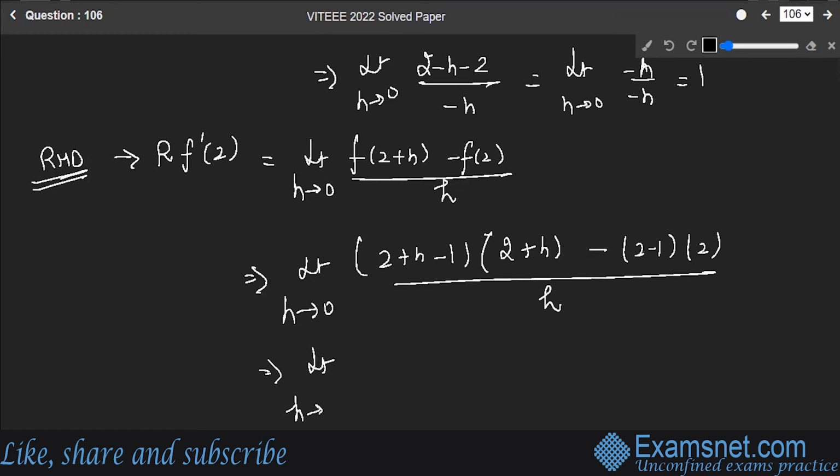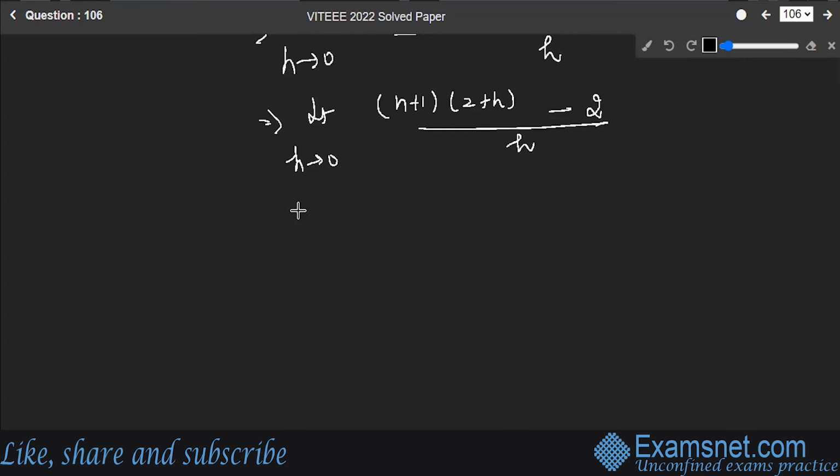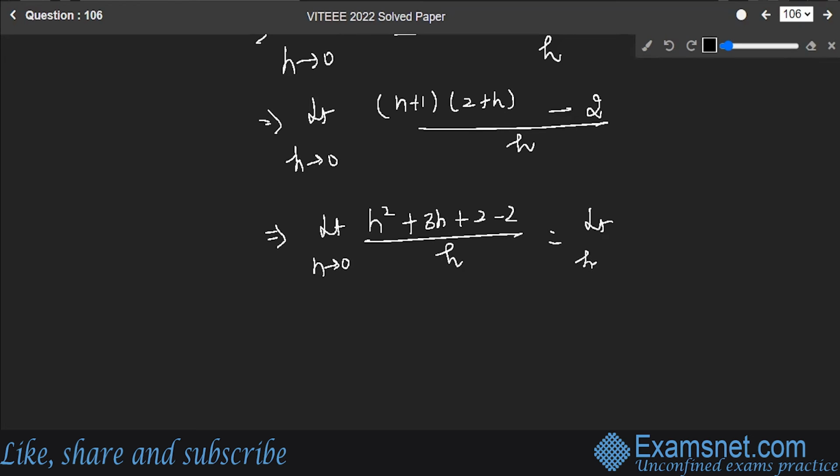This will be (h plus 1) into (2 plus h) minus 2, whole divided by h. That is the limit h approaching 0 of (h² plus 3h) upon h. I'll take h common, h plus 3 upon h. This is equal to 3.